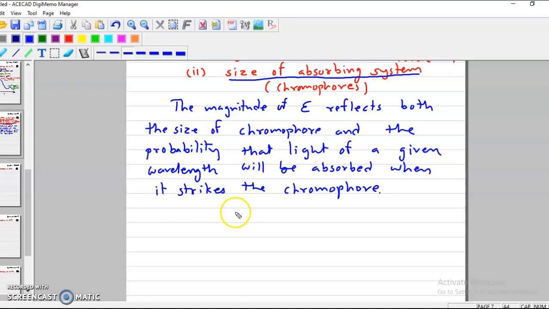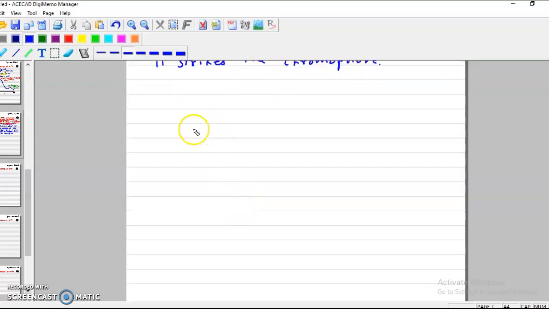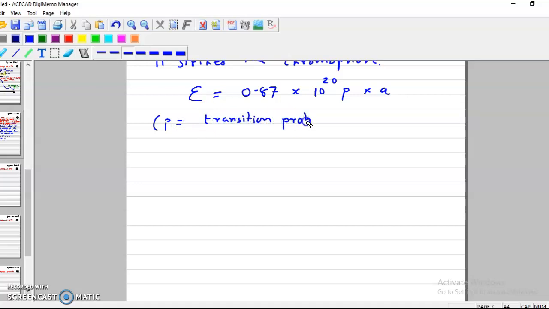There is one equation to find out the epsilon value from transition probability and chromophore area, and that is epsilon is equal to 0.87 times 10 to the power 20 times P times A, in which P stands for transition probability, with a value between 0 and 1, and A stands for chromophore area, which will be in centimeter square.